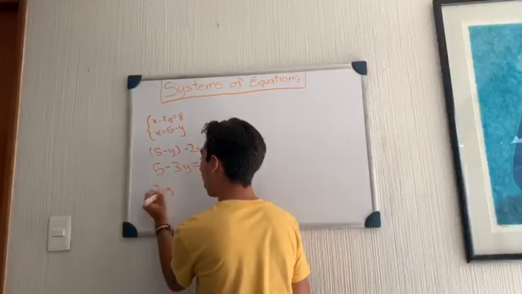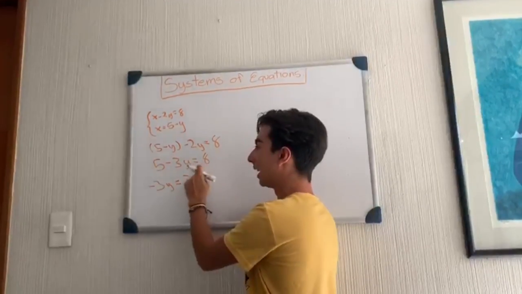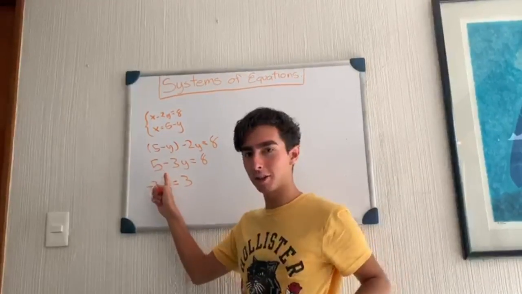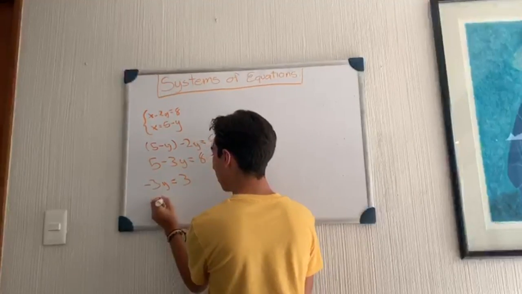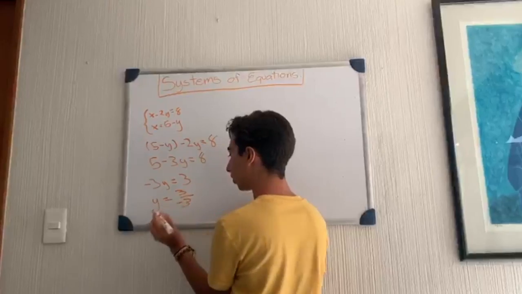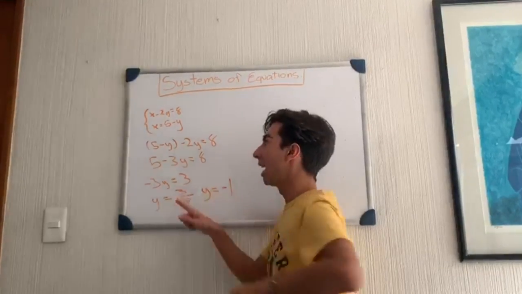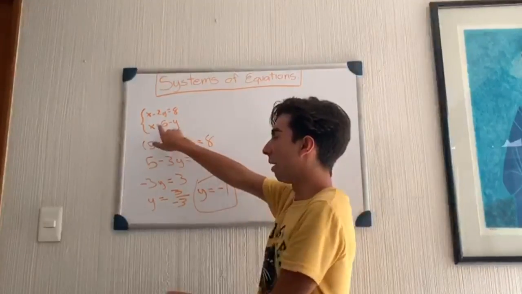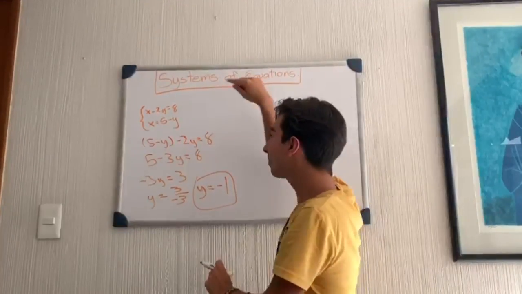Minus 3y equals 3, because 8 minus 5 is 3, because this one is converted into negative. So y is equal to 3 divided by minus 3, so y is equal to minus 1. And then we substitute this into this y, because it's the substitution method.